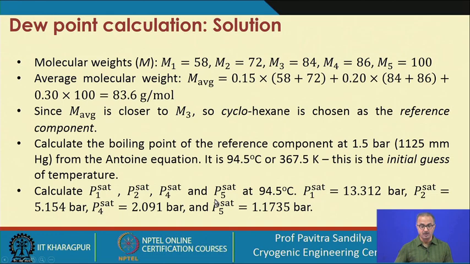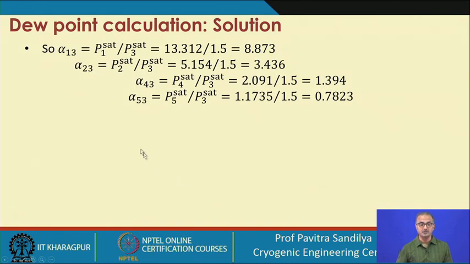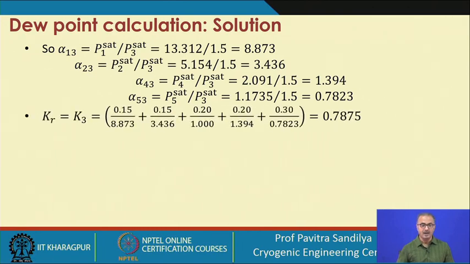We use these vapor pressure values to find the relative volatility like this, and we find the relative volatility of all the components 1,3, 2,3, 4,3 and 5,3, because 3 is the reference component. And then from this we find the value of Kr, and again we use this formula, the summation of Yi by Ki.